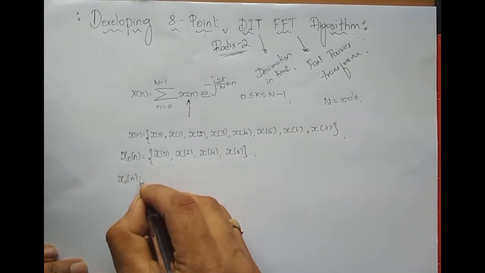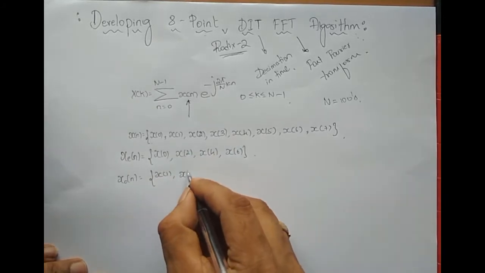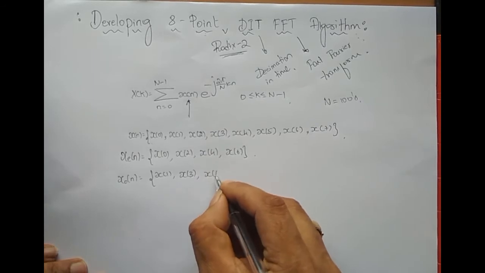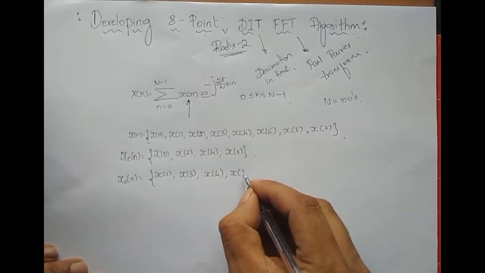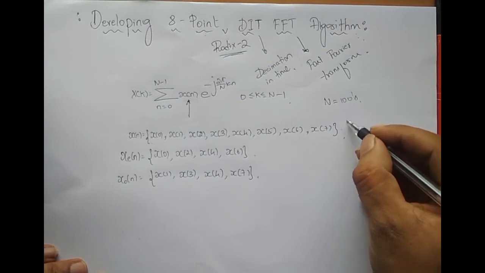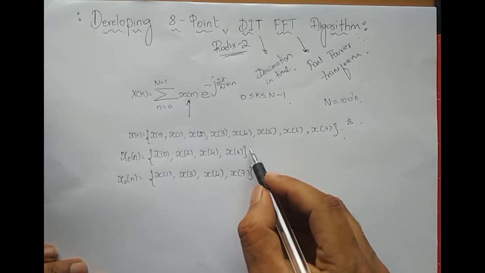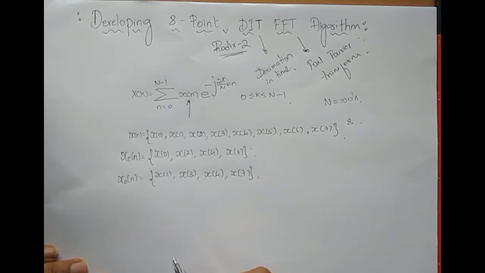And what are the odd indexed samples? x of 1, x of 3, x of 5, and x of 7. So I'm going to decimate the input sequence, which is of length 8, into two length 4 sequences. The first is the even index sequence and the second is the odd index sequence.